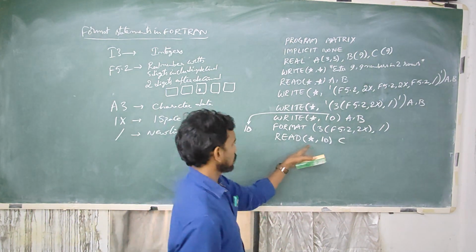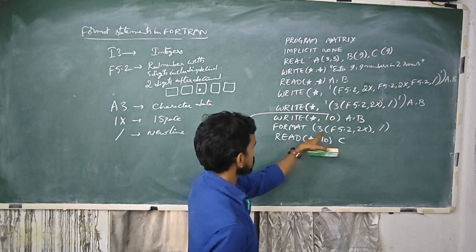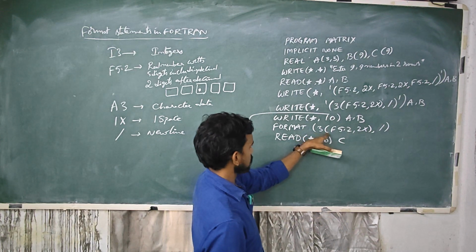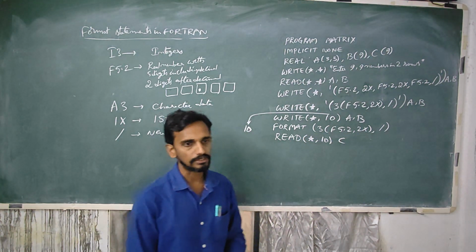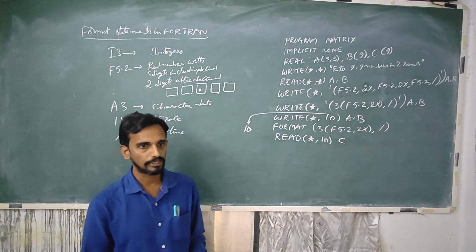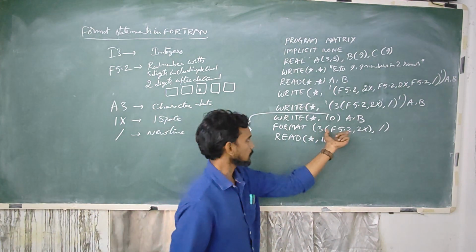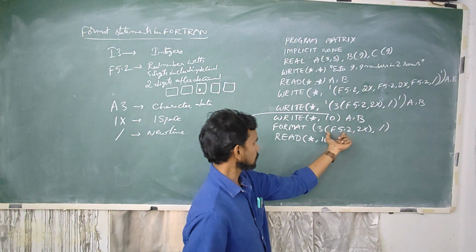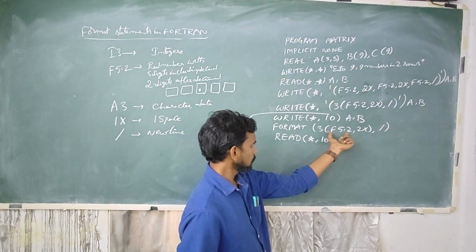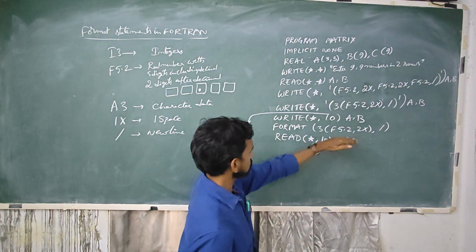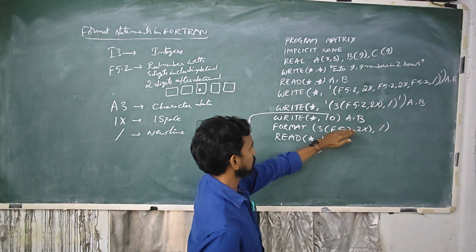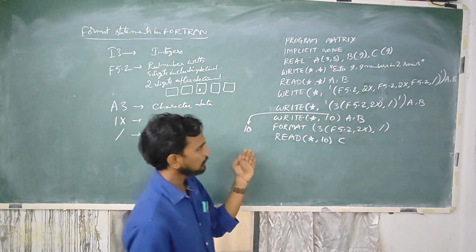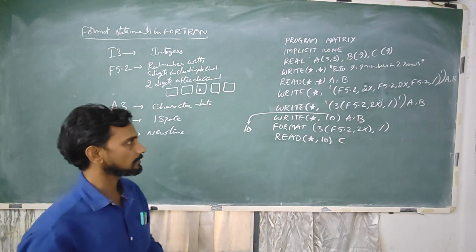So when you are using a format statement and read statement, you must be very careful while entering the data. I mean, you have to maintain the format. Whatever number you are giving should have this, I mean, 5.2, a real number with 2 numbers before the decimal, and after the decimal is not a matter.